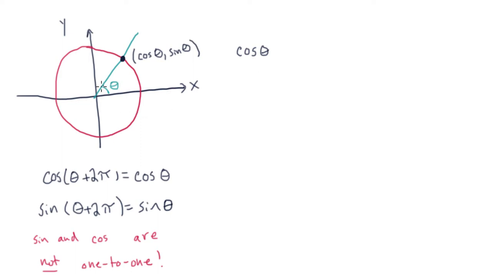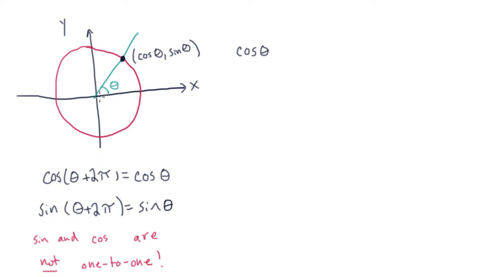So let's think about cosine theta first. Cosine theta is the x-coordinate. So let's think about which angles will give us unique x-coordinates. So we see that starting here and going all the way over to here, we're ranging through the different x-coordinates we can get in this fashion by intersecting a ray with the unit circle.